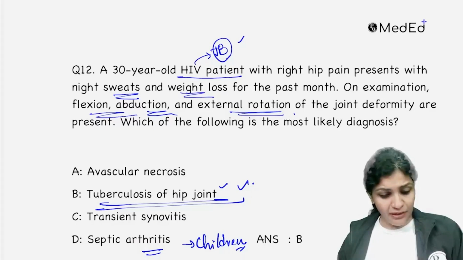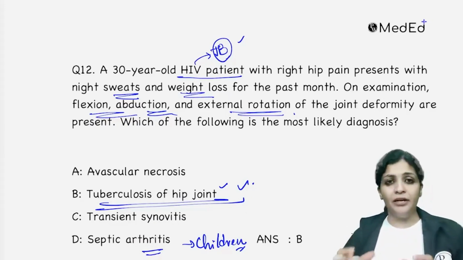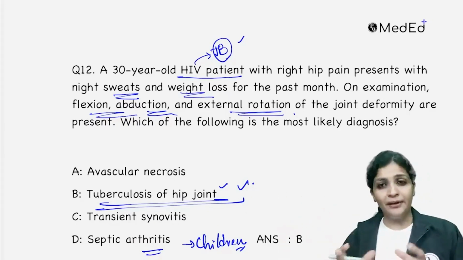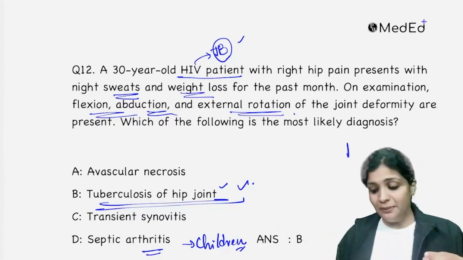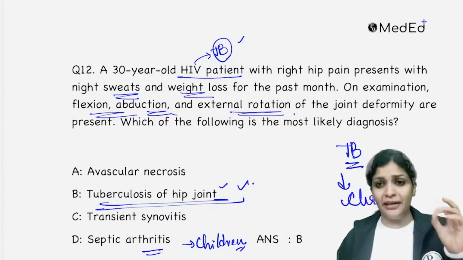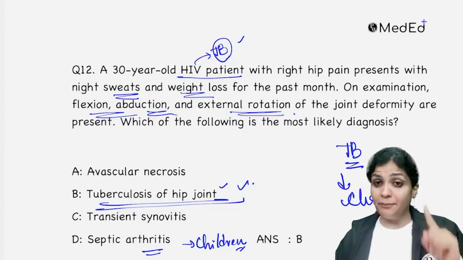Faber should be preferred in TB hip presentation. Yeah, the problem is in Faber, usually whenever they come in Faber, they come in the second stage. Usually in Faber, they try to neglect because it doesn't give them pain. TB is something which is a very chronic infection. So diagnosis of TB in the first 2 stages is very rare. Here the patient has come only because he is an HIV patient, right?